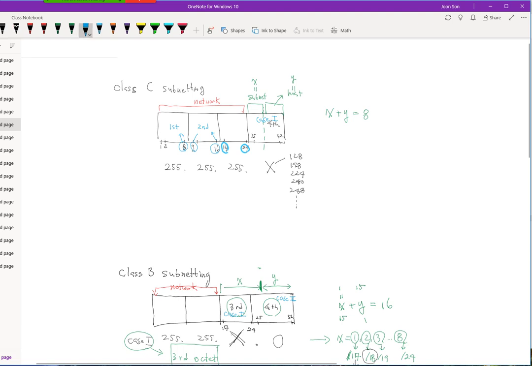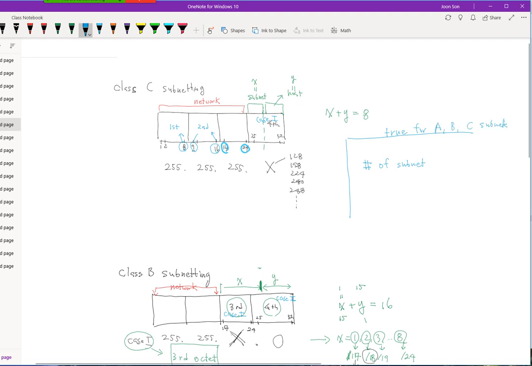Whether we use Class A, B, or C, since we have X and Y, this is true for Class A, B, and C subnetting.